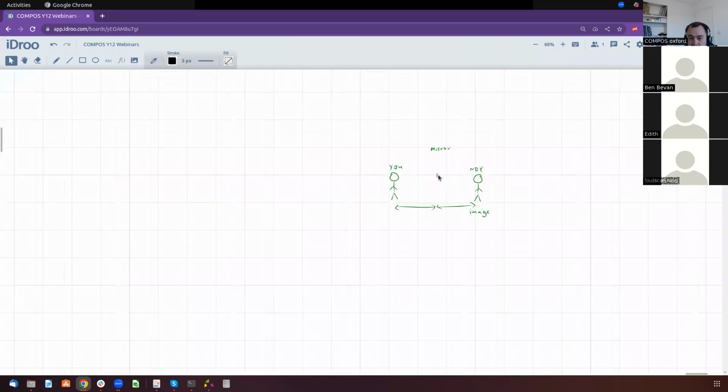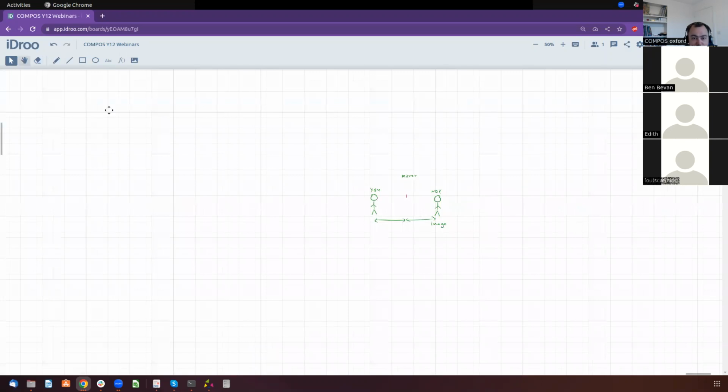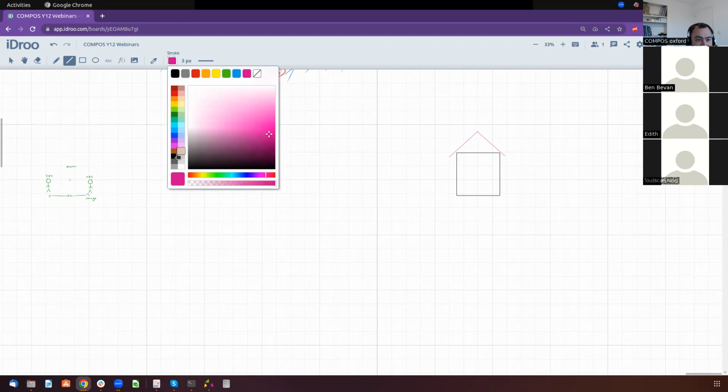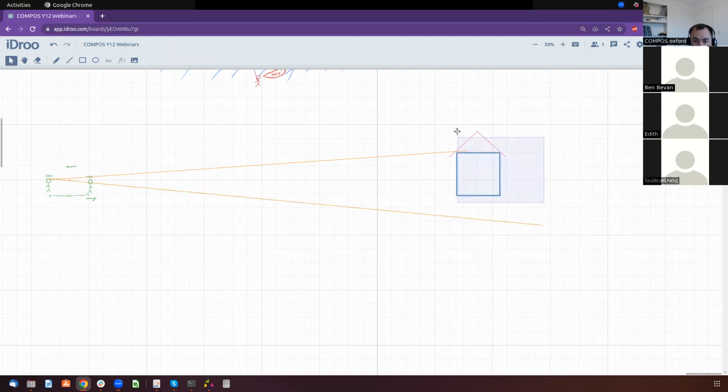And this is you holding a mirror, and you're viewing that image inside the mirror, like this, through the mirror. So pretty much the whole house fits in the mirror.